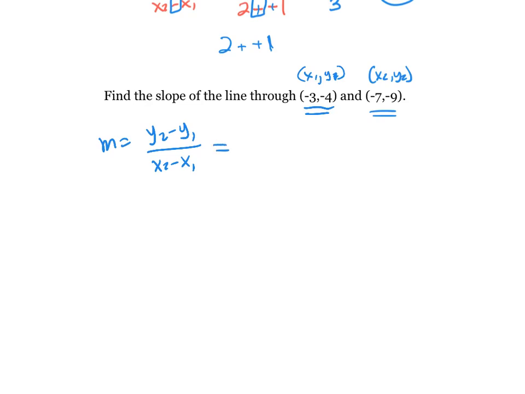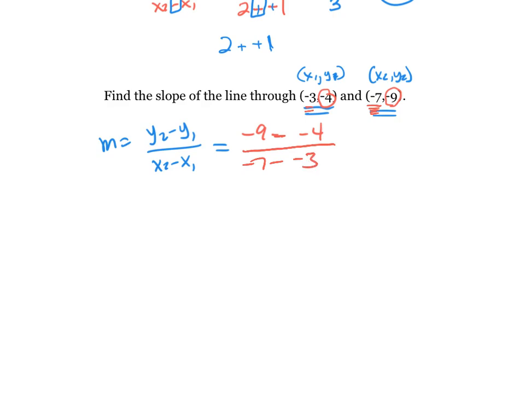So, y2 is -9, and I'm going to subtract y1, which is -4. And on the bottom, I'm going to do x2, which is -7, and I'm going to subtract -3.